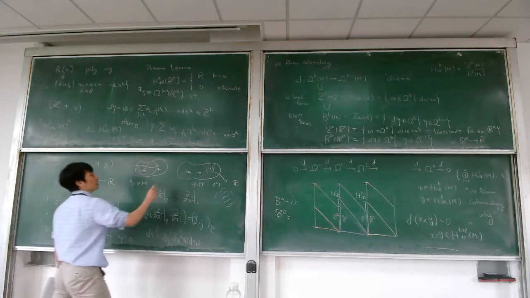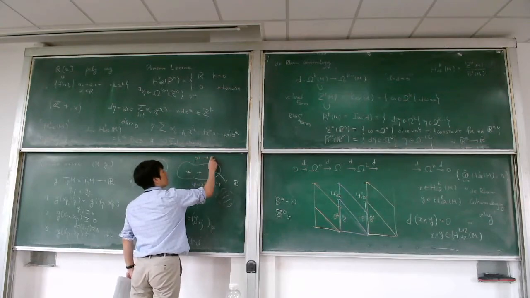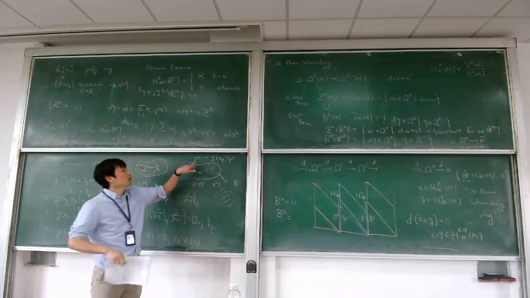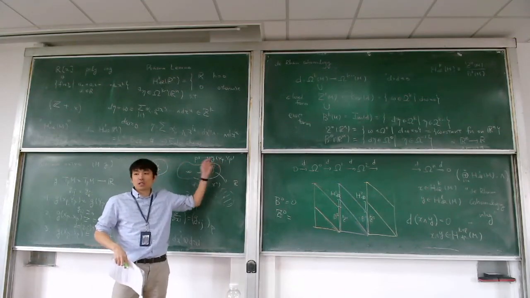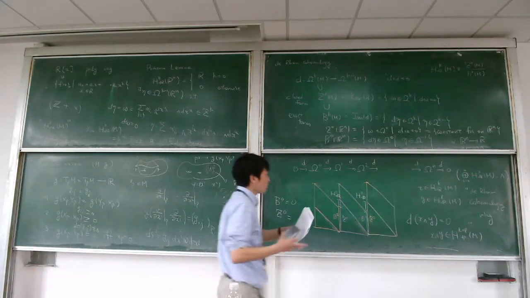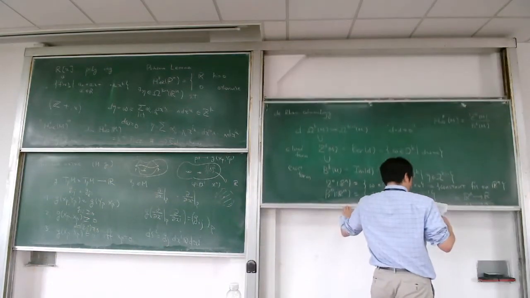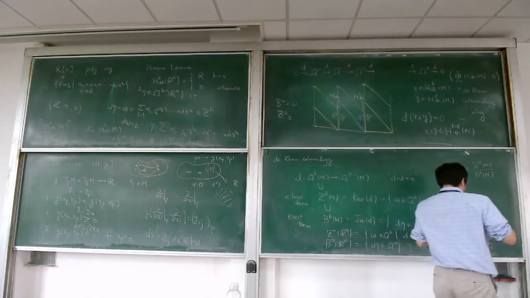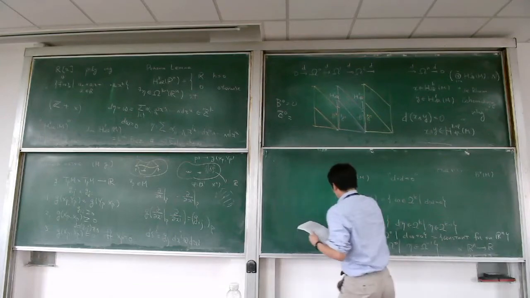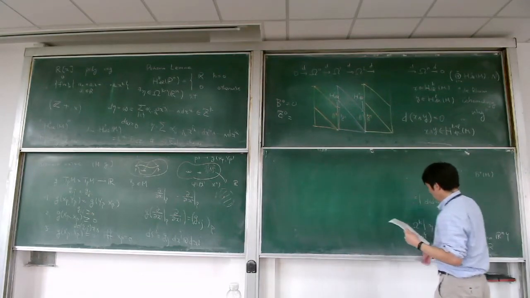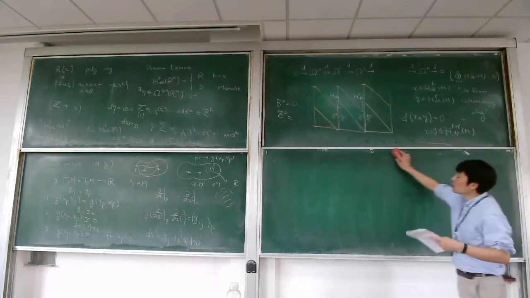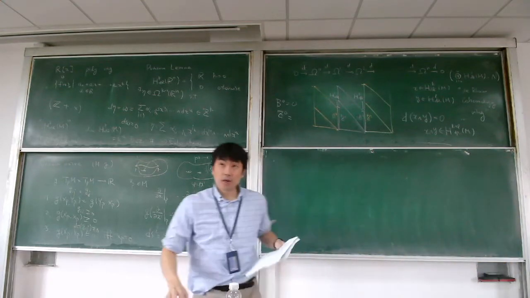What I meant is that smooth means the assignment P goes to G(X_P, Y_P) is smooth as you move P. Any questions so far?